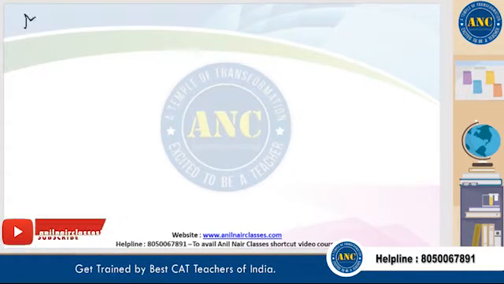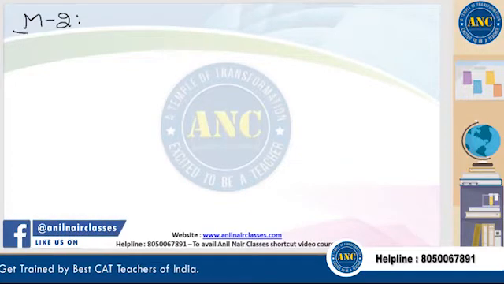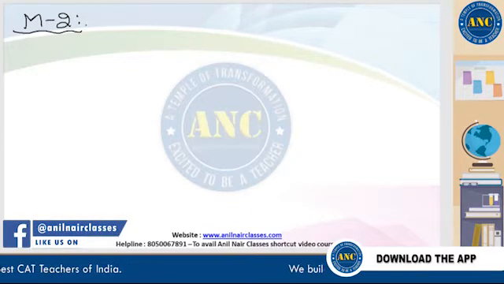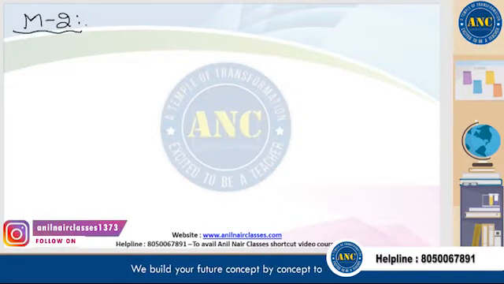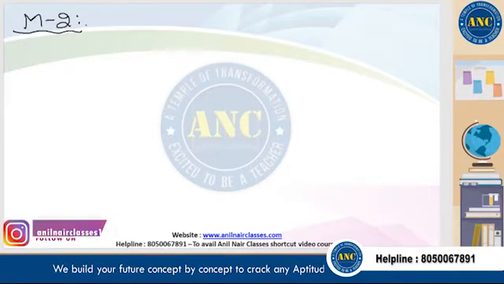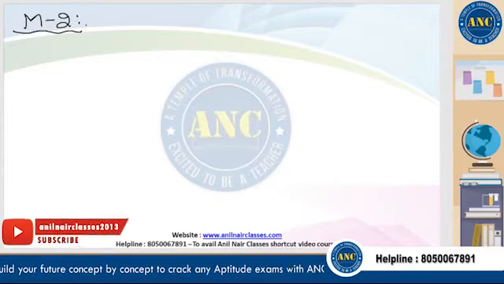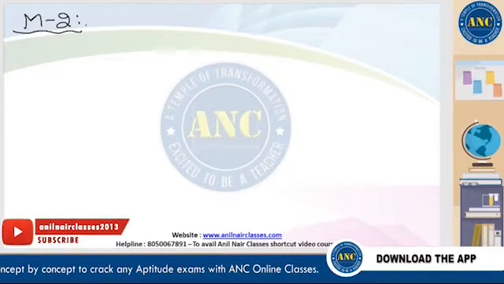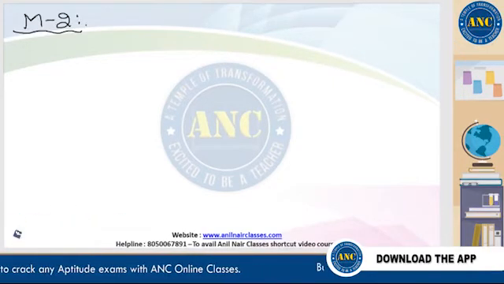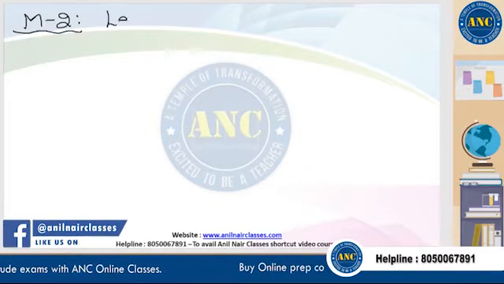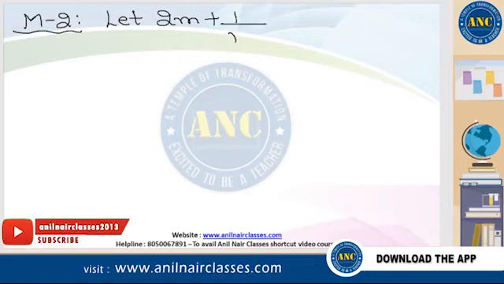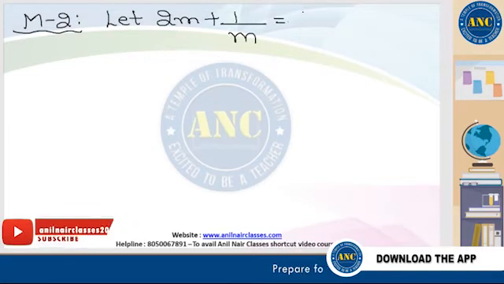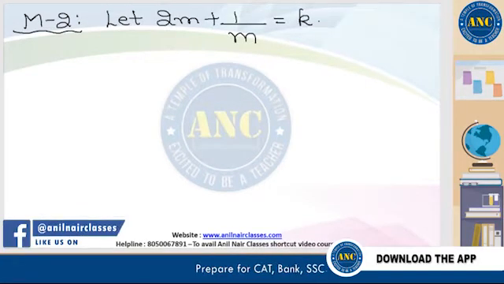Now how can I find the k value by another methodology? That means 2m plus 1 by m value I require. Now see here, sir, you need to get 2m plus 1 by m so that you will solve the given question. Now what I will do is I will call that 2m plus 1 by m value, whatever I require, k.